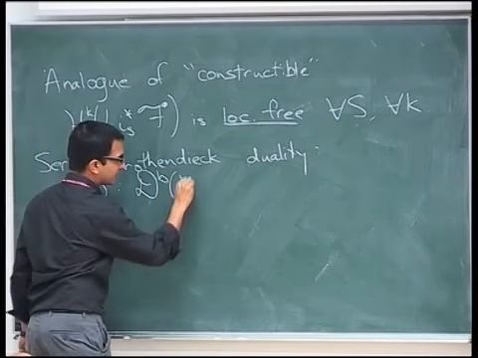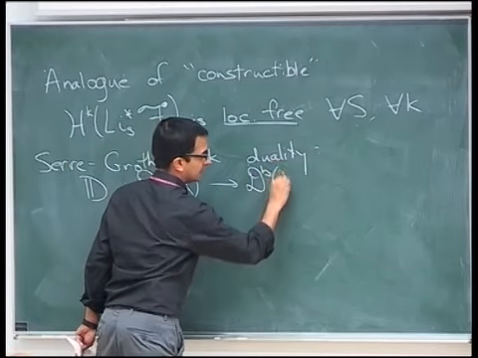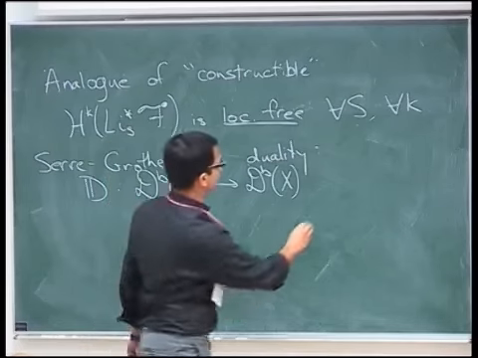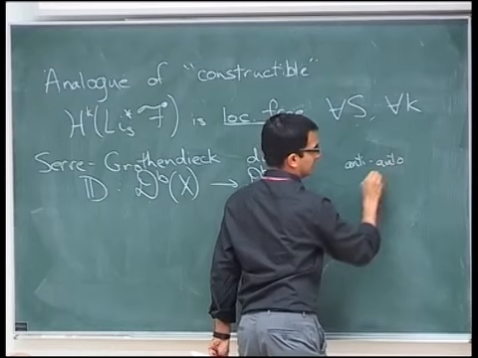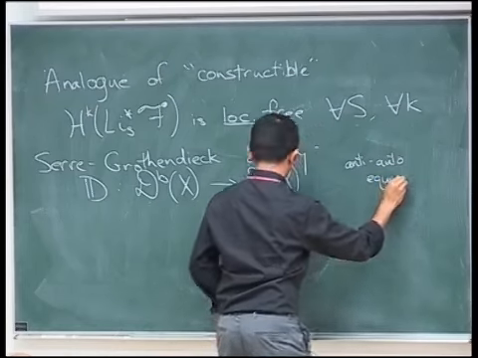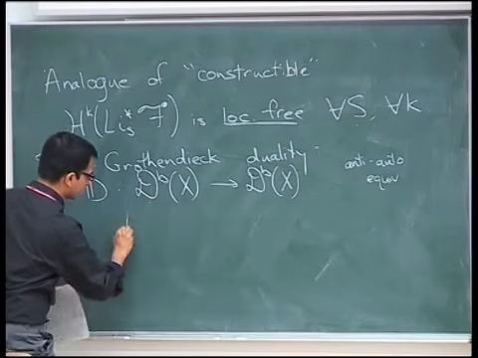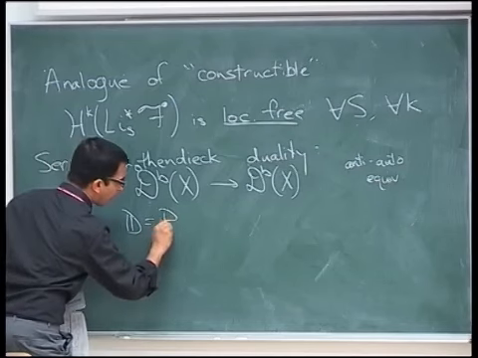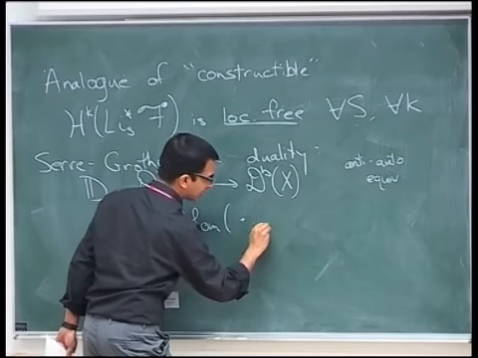And now that's a functor from script D^b(X) to itself. And again, it's an anti-autoequivalence. And in fact, it's also given by RHom into a suitable object.